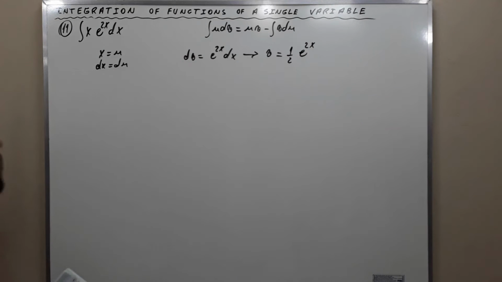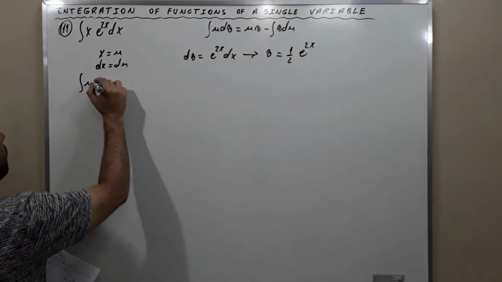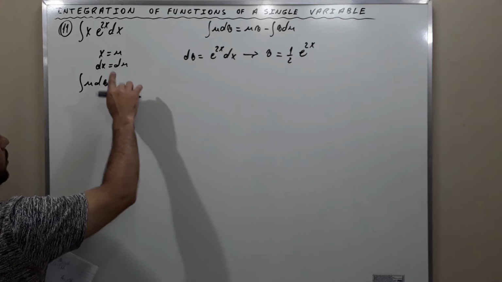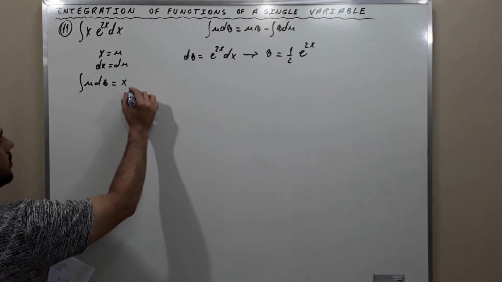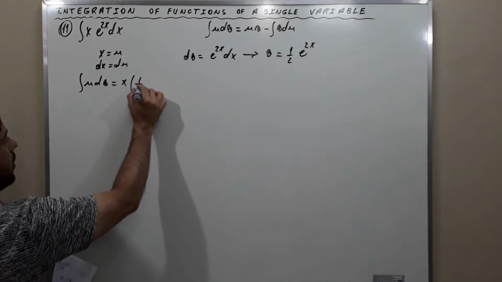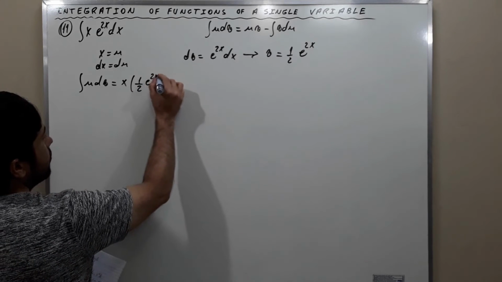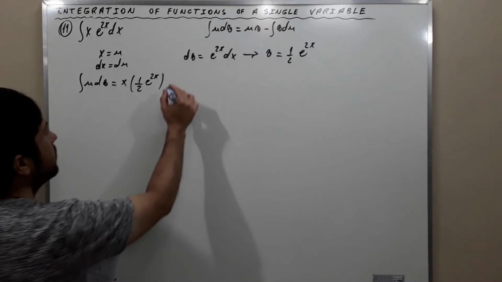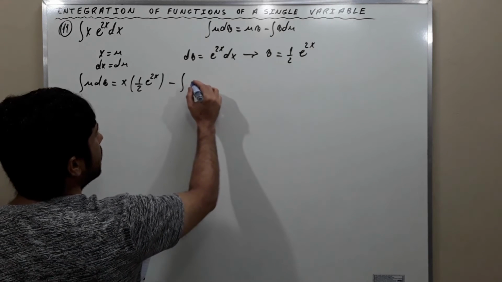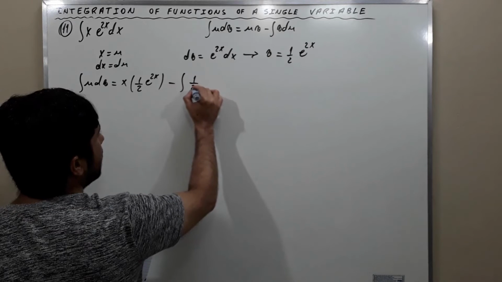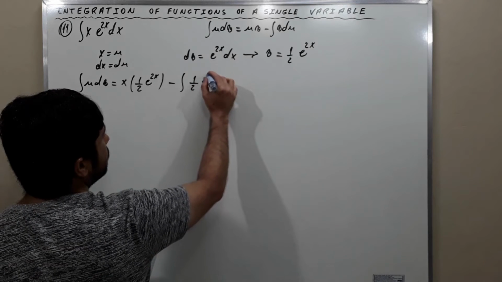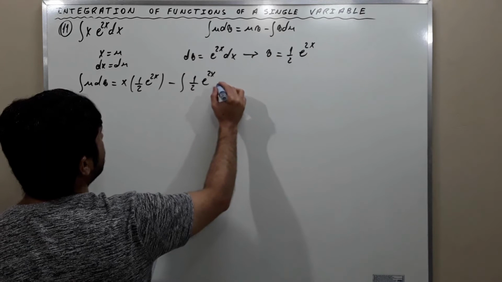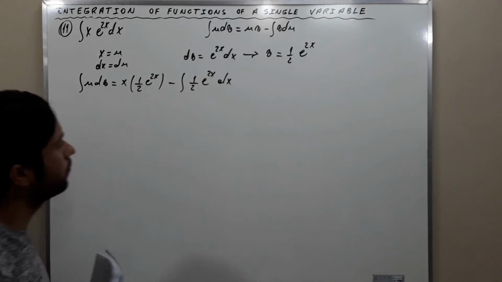Okay, so the integral of u dv is equal to u times v, where u is x and v is 1/2 of e raised to the power of 2x, minus the integral of 1/2 of e to the 2x du, and du is dx.